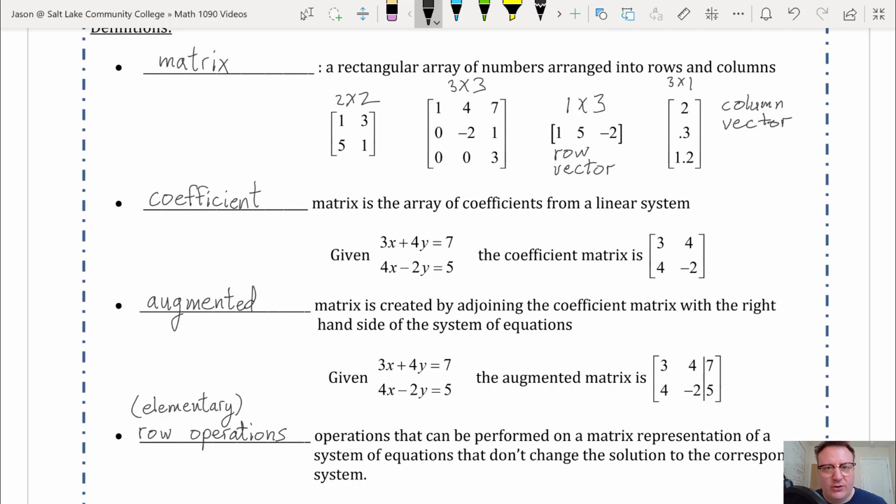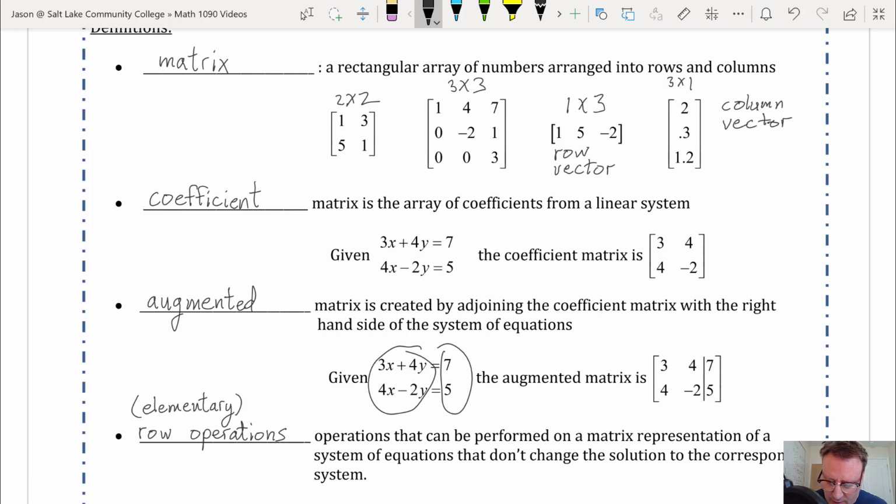An augmented matrix is created by adjoining the coefficient matrix with the right-hand side of the system of equations. So we take the coefficients from this side of the equations and we create a matrix from those coefficients, and then we take the constant values on the right-hand side of the equations and we create a column vector from those, and then we augment the coefficient matrix and the column vector together into a single matrix.